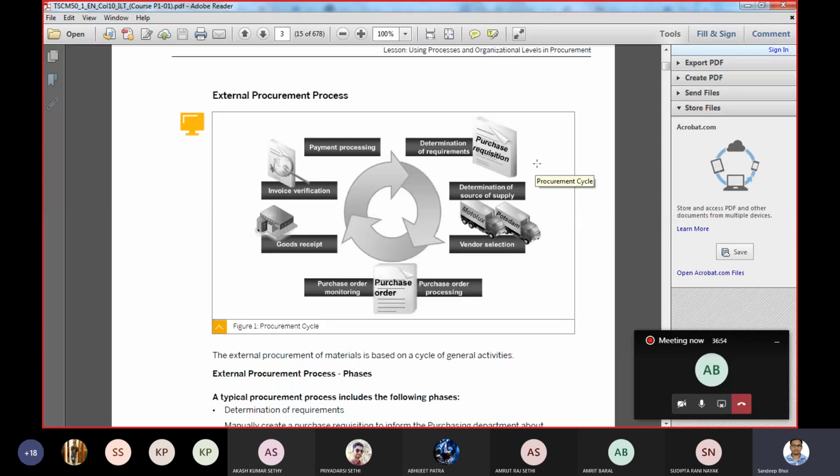For example, you can require 3 to 4 different materials for preparing those wings. So that is what you call determination of requirement.